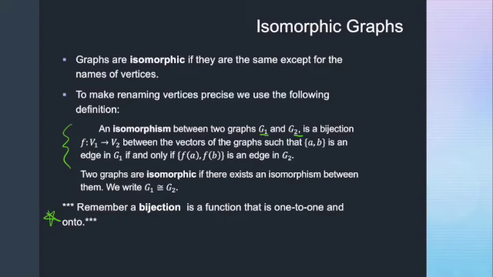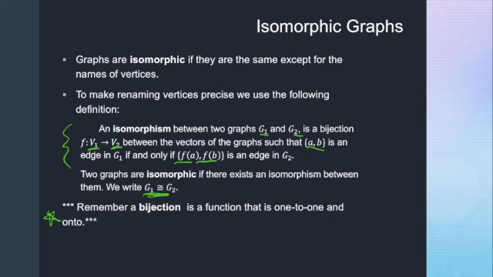Friendly reminder, a bijection is a function that is 1-to-1 and onto, from the vertices of our first graph to the vertices of our second graph, such that AB is an edge in G1 only if F of A, F of B is an edge in G2. Okay? When two graphs are isomorphic, we write it like this.